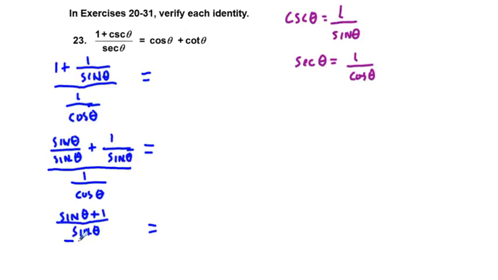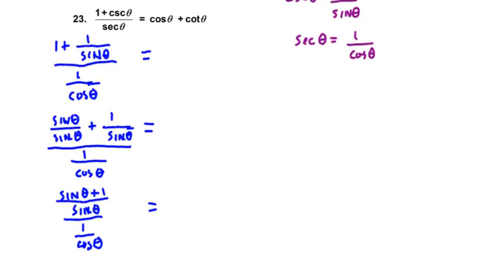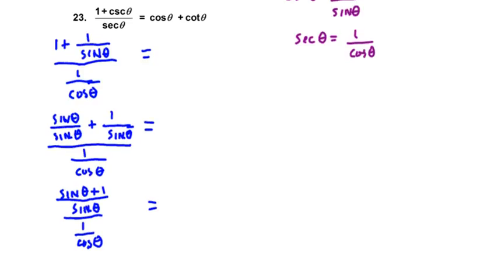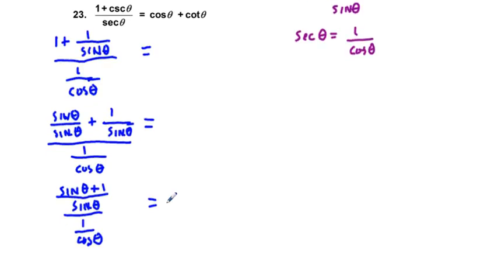In the denominator, we have 1 over cosine theta. Okay, I hope you can see that. I'll just bring this up a little bit to make a little more room. There we go.